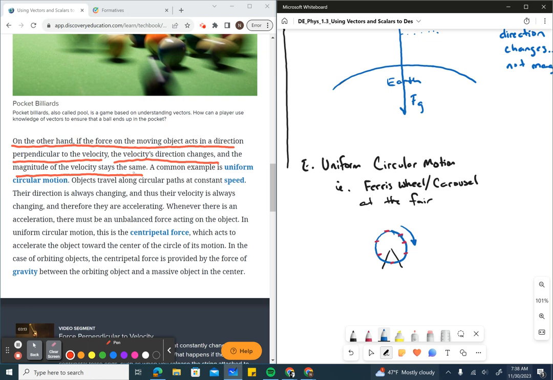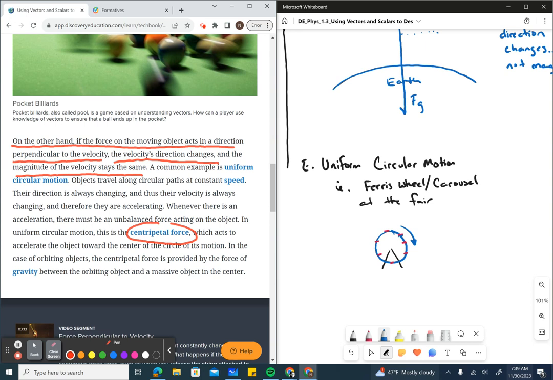And in this uniform circular motion, there's a concept called centripetal force. Okay, there are some good videos in your text that show, for example, if you're driving a car and somebody is driving in a circle, and you can feel yourself wanting to be thrown out against the car door, but the car door is kind of holding you in, or maybe your seatbelt is kind of holding you in and pulling you in.